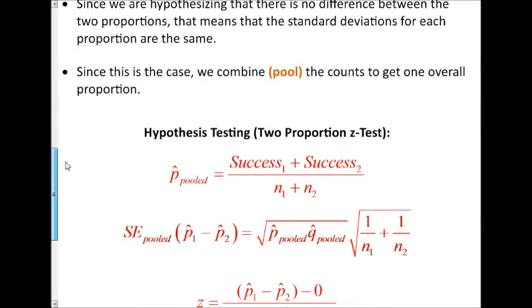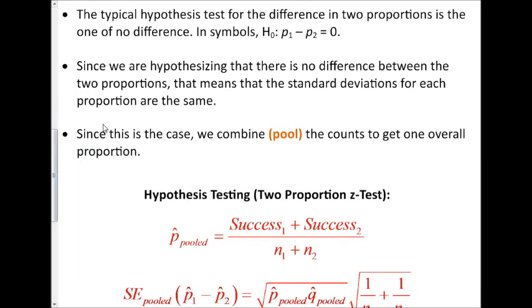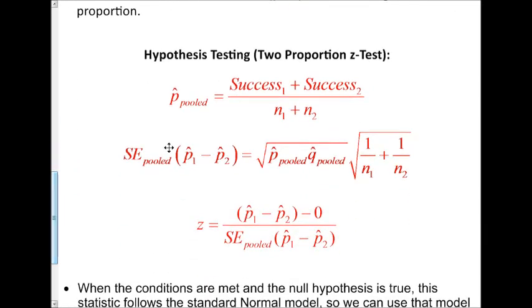But when you're looking at a hypothesis test, in which case the null is always that the difference is 0, that is always the null, the p that you're going to use in the hypothesis test assumes that there is no difference, and so we can just put together the total number of successes divided by the total number of outcomes, because the null assumes that there is no difference, so we can find it all at the same time.